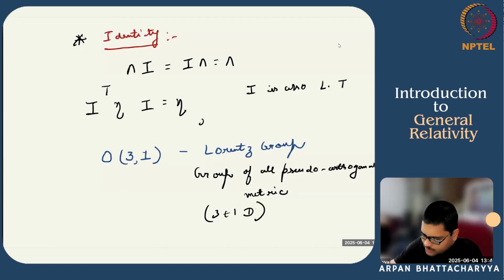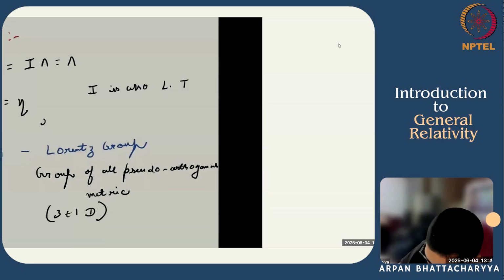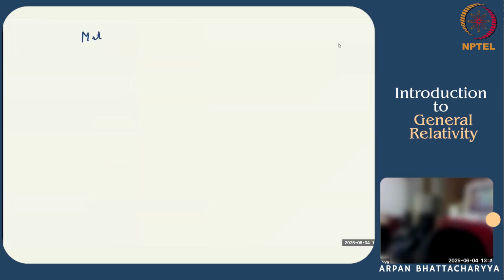Now let us make one comment: you can think of these Lorentz transformations as a special case of something called a metric preserving transformation, and the Lorentz group is a special case of a metric preserving group. So let's briefly discuss that. Metric preserving group.